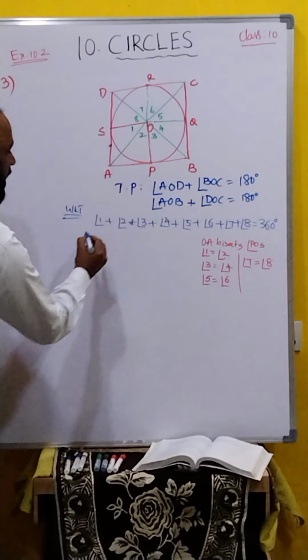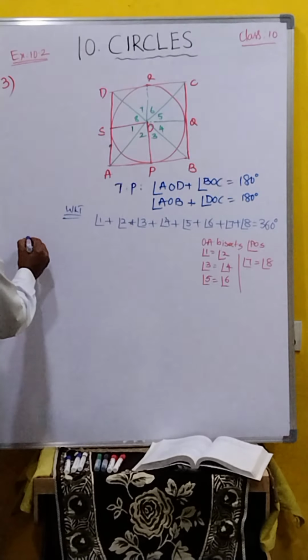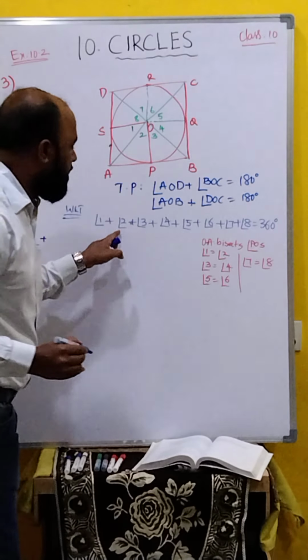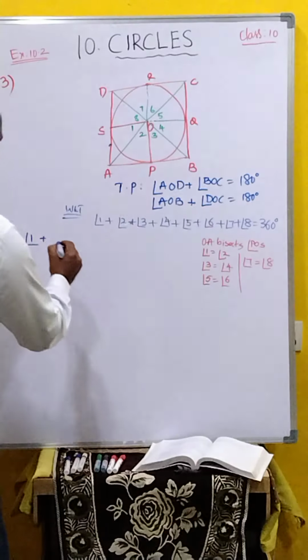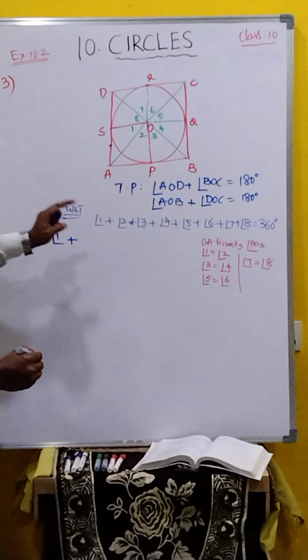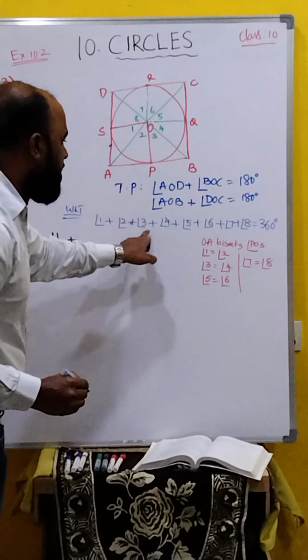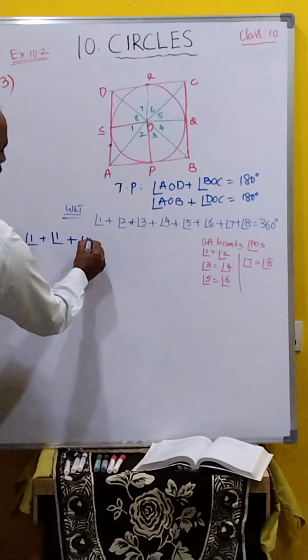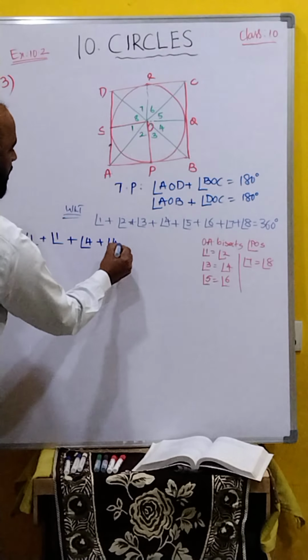Here angle 1 is no change. I am writing same. Angle 1 plus 2 is there here. In the place of 2 just apply 1 again. Angle 1 plus, then again here 3 means again apply 4. In the place of 3 I am writing 4 and 4 is same only.